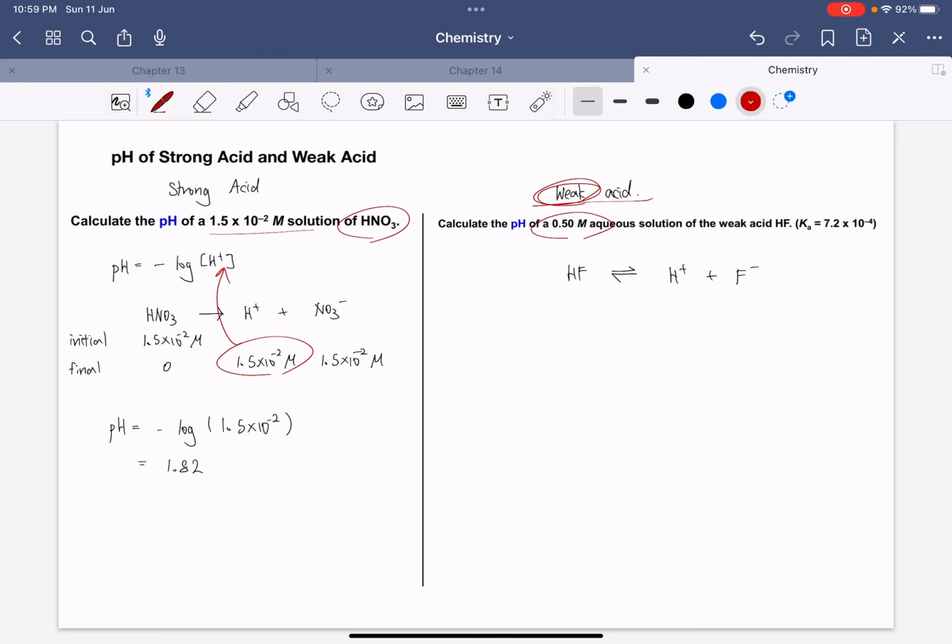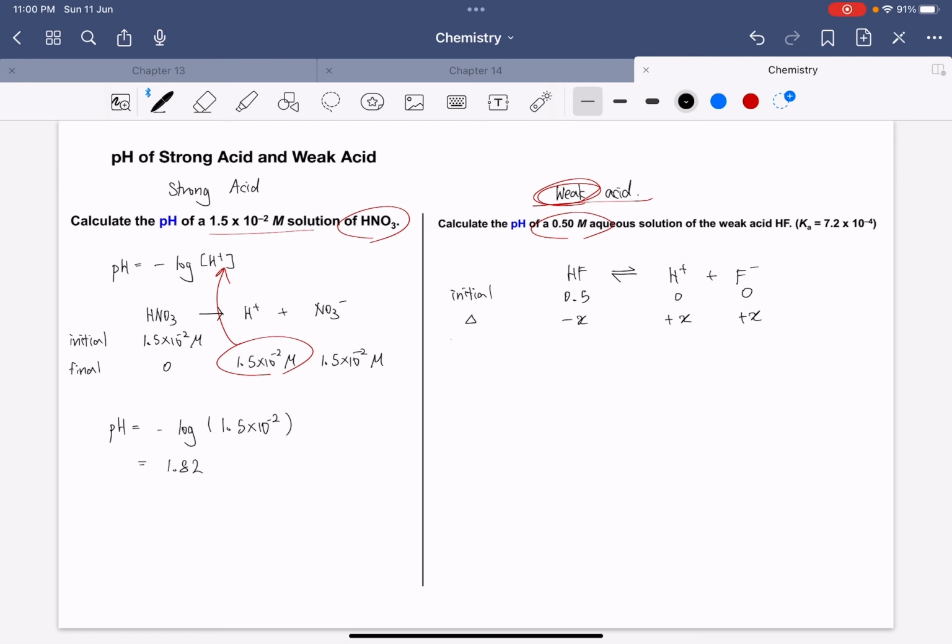So this is a little bit more complicated. So we can form this table. Initial will be 0.5, and we assume initially no dissociation occurs, so 0 molar for each product. Then the change will be, we don't know how much of the acid will be dissociated, so we're going to call it an X amount, and the X amount will be formed for each product.